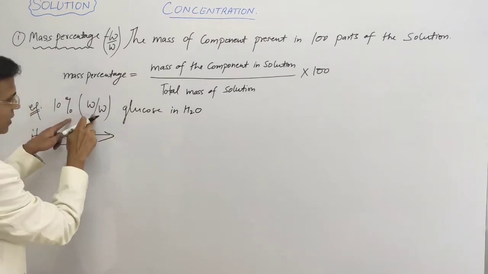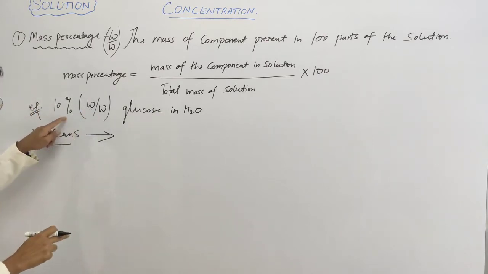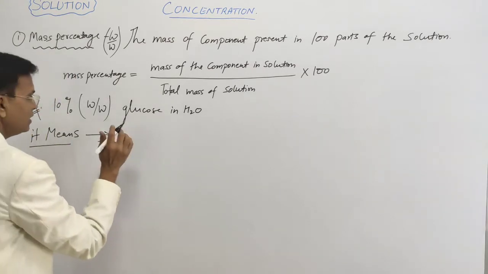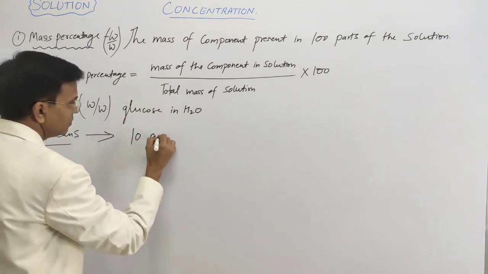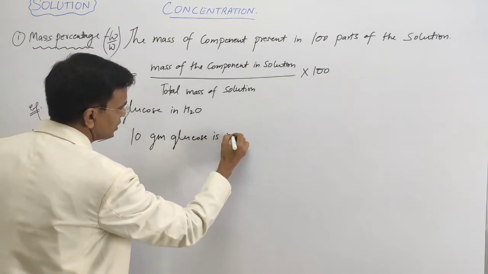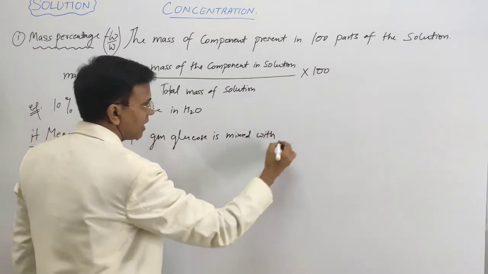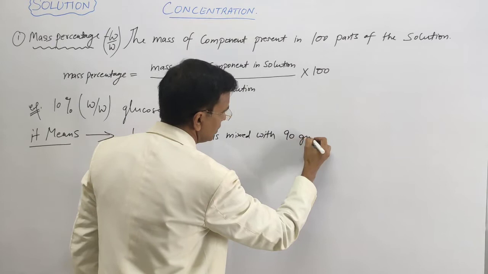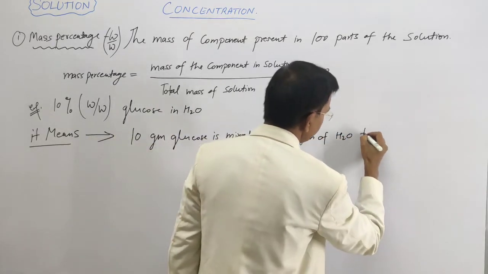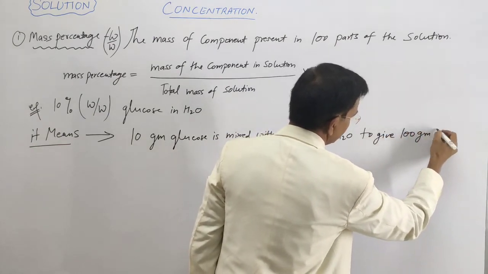So if W by W is given, weight by weight is given, then 10% is the mass percentage, right? So that means 10 gram glucose is mixed with 90 gram of water to give 100 gram solution.